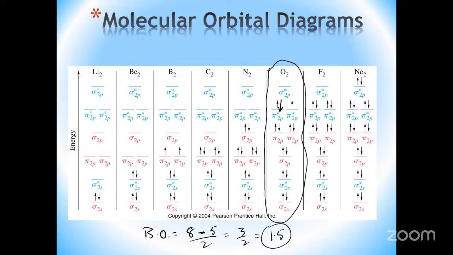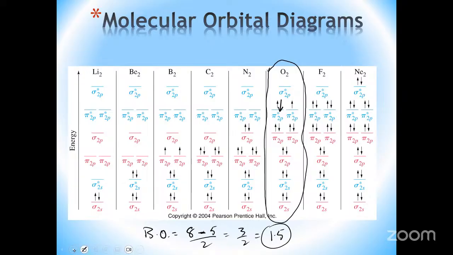Who is this? Oh, Miss Betancourt. Why do you say it's paramagnetic? Yeah, because there's one electron that is not paired up, and that would be this electron right here.